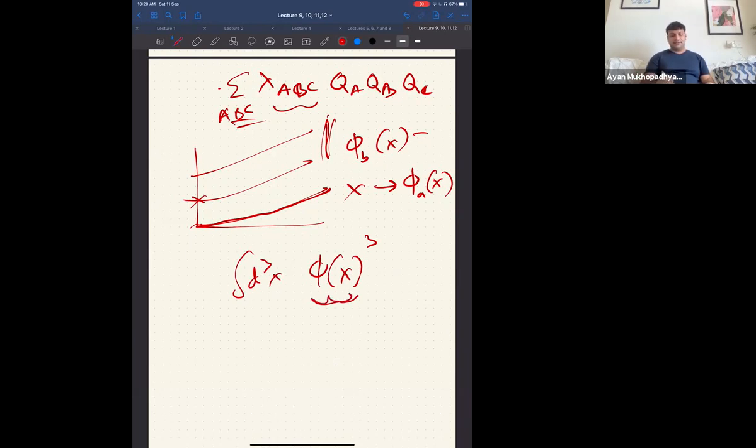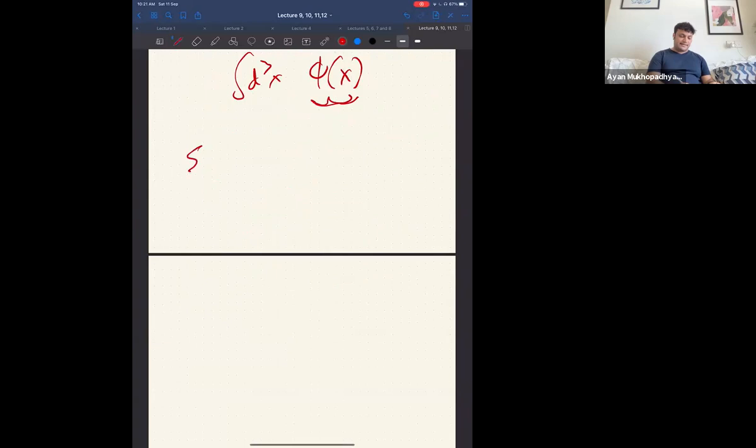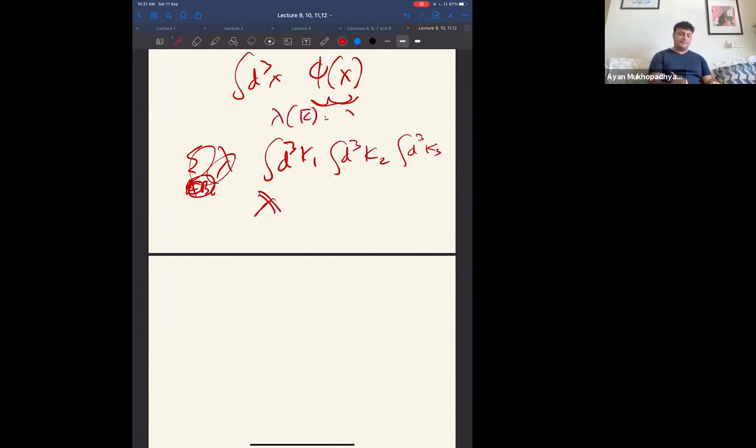I mean, in principle, this can be when you write it in terms of, so let's see a little bit in detail what happens. So if I write sum over A, lambda_ABC, I assume lambda is independent of K1, K2, K3, roughly speaking, for the moment. And then I can write it as d cube K1, d cube K2, d cube K3, and lambda. Basically, the idea is that you simply also expand lambda in K and retain the first term.